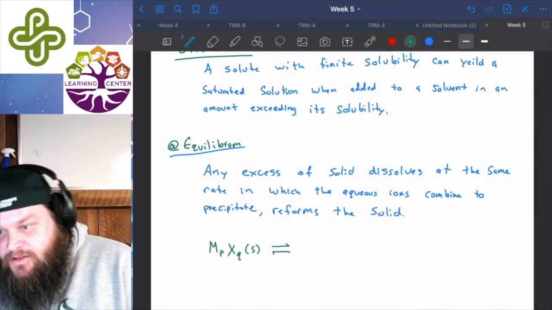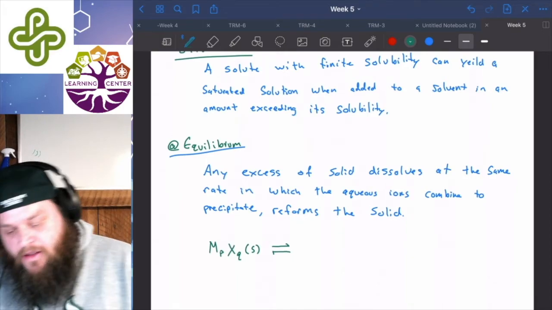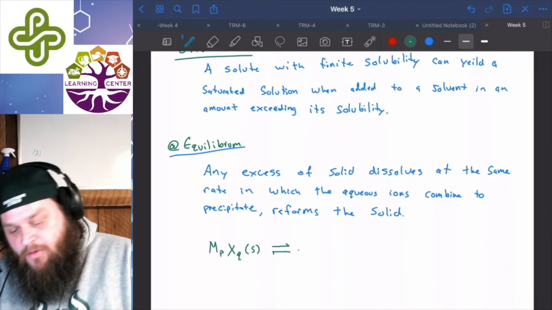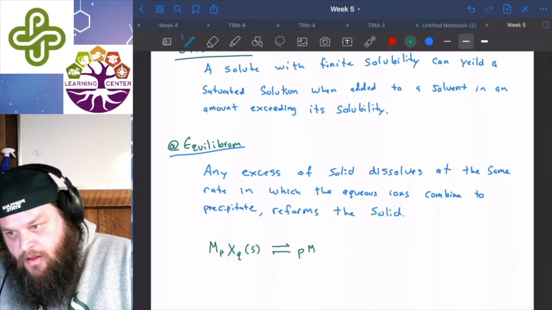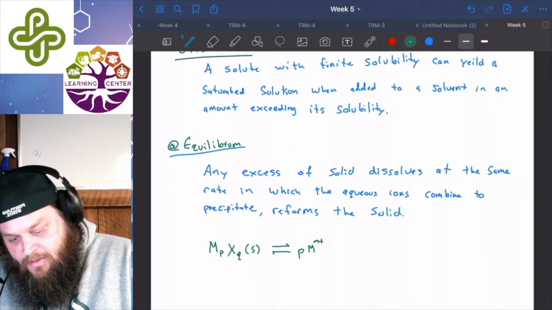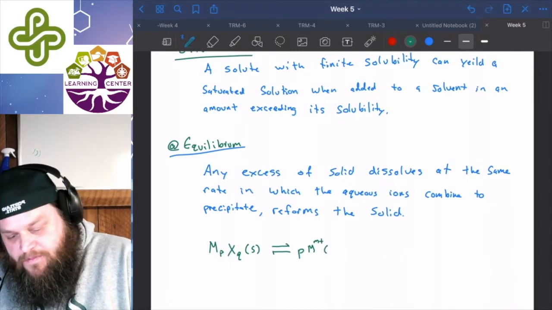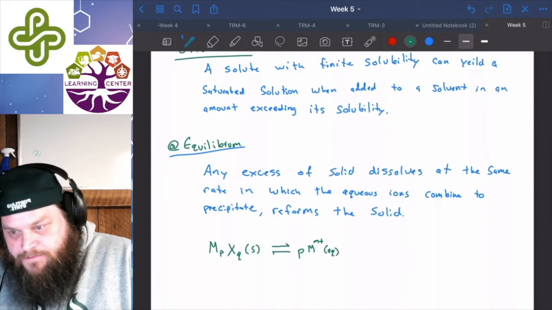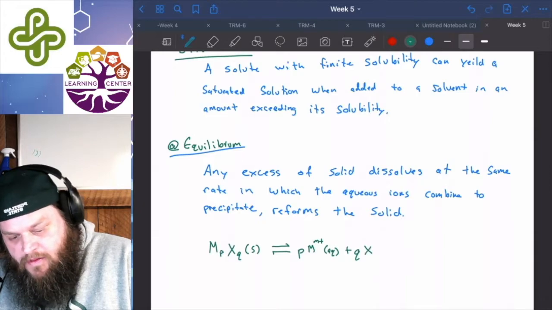So like I said, this is just a general formula. This is going to dissociate into p moles of M with a charge of m plus, plus q moles of X with a charge of x minus.